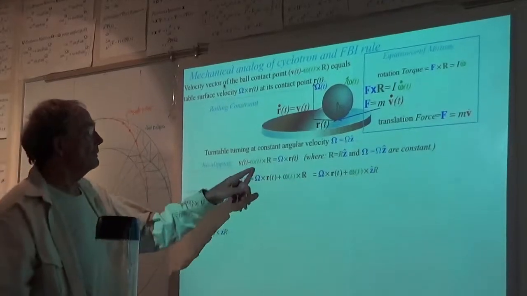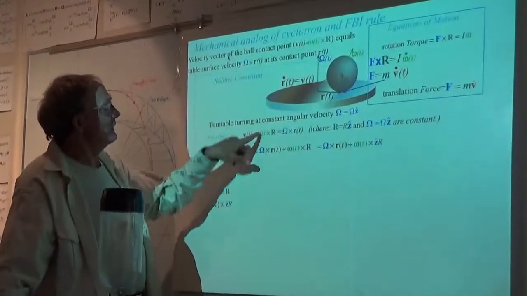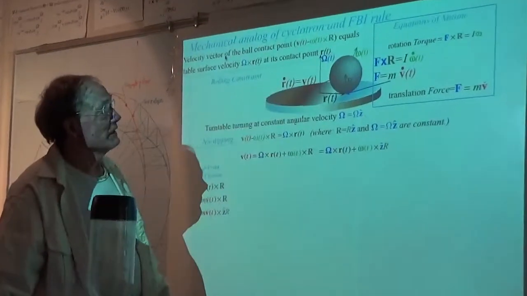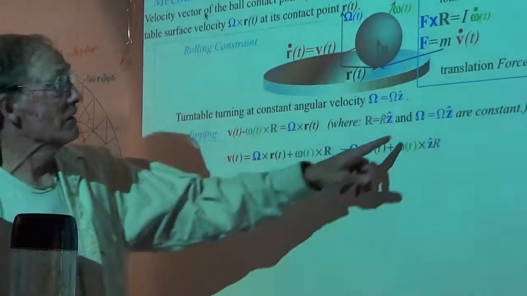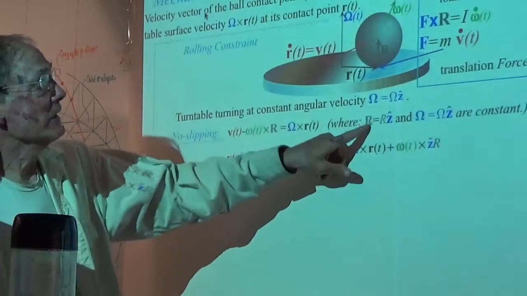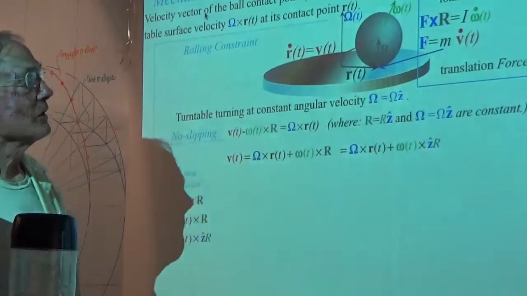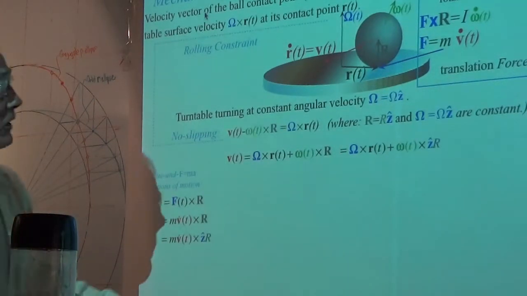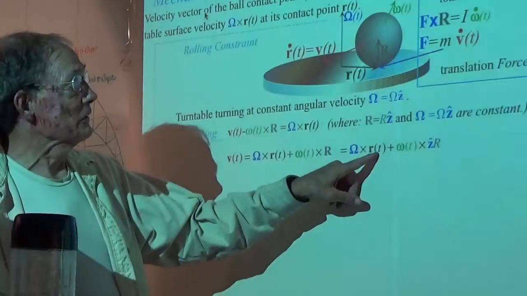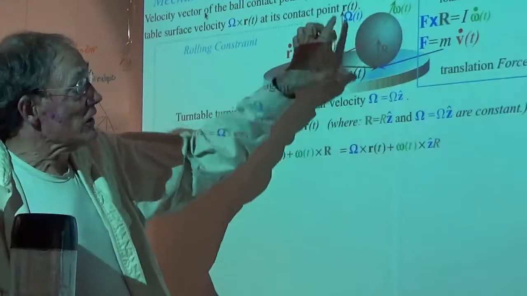So here's the non-slipping condition. This guy here equals this guy, where the omega right here is a constant, and the r is equal to the radius of the ball times that unit vector. So you end up with an omega cross the position equal to big omega cross position. That's constant.